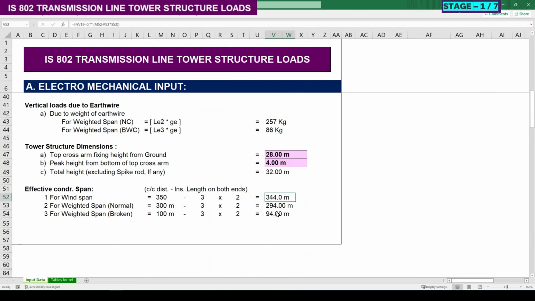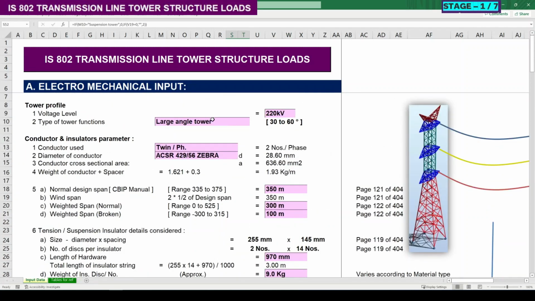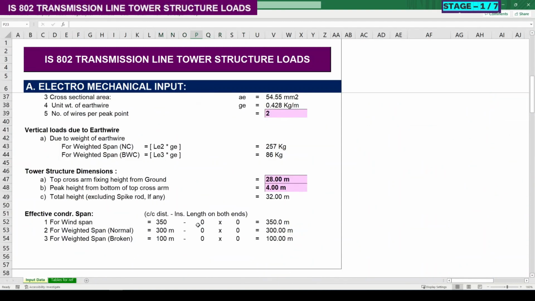Accordingly, from the wind span and weighted span, for normal condition and broken condition, we need to deduct this length of the tension insulator and the two numbers. But in case the tower which we are going to design is a suspension tower, then there won't be any tension insulators and there is no need of deducting the length of the insulator.